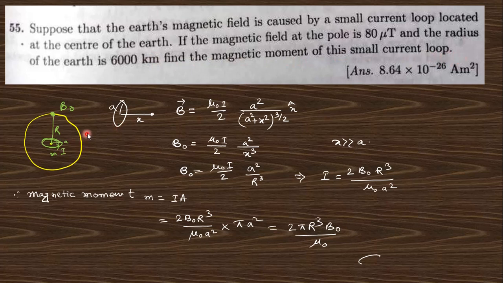From the previous question, I think question number 29 of this book, we already discussed this in detail. Just think this is a current loop at distance x, and the radius is a.